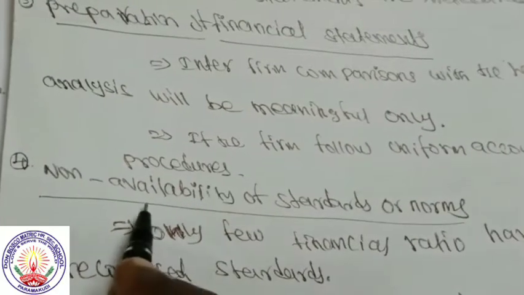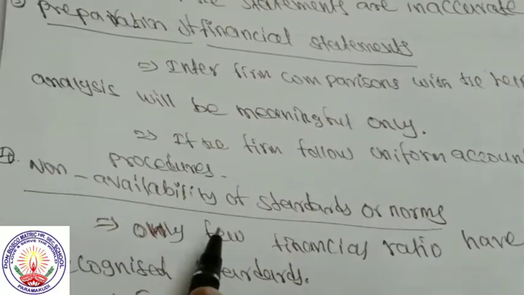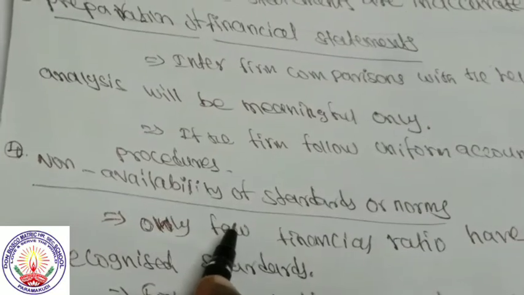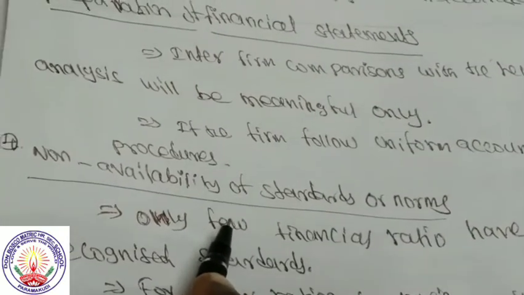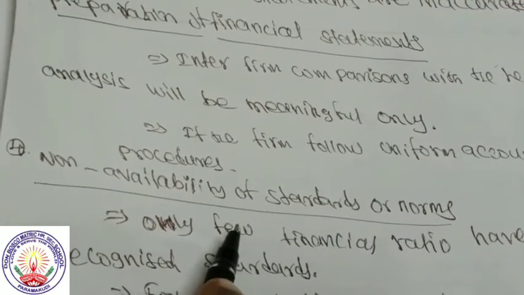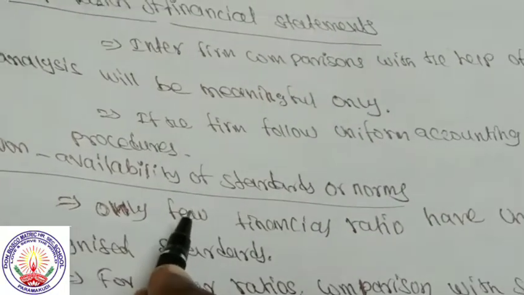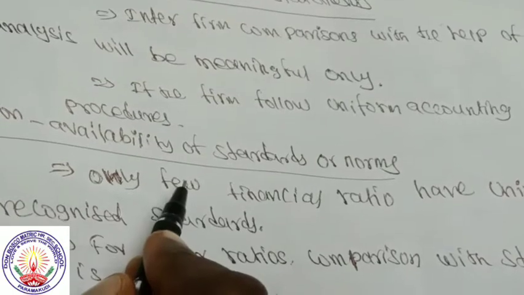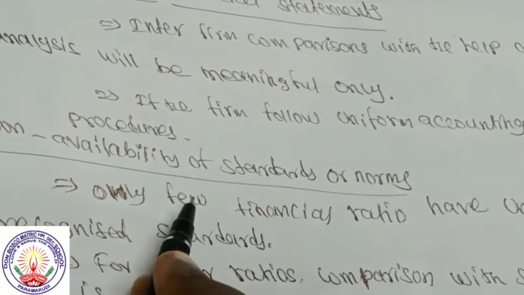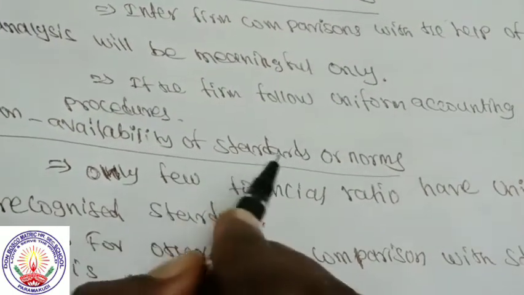Fourth point, non-availability of standard norms. Norms and standards change every day, every month, every year, with different procedures and policies, so the standard norms are not properly followed.